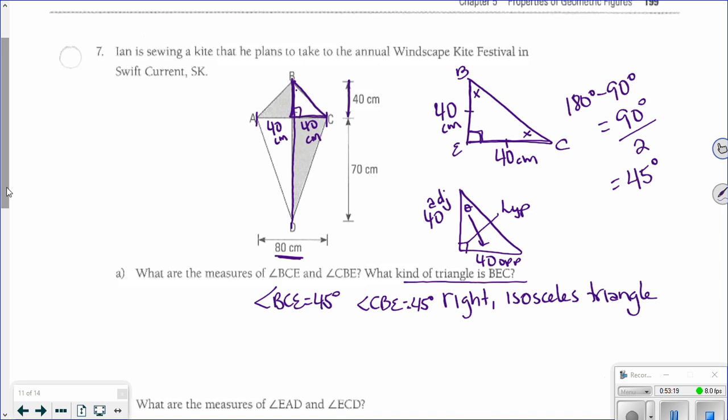You can use your tan formula. And if you solve this, inverse tan of 40 divided by 40 is going to be 45 degrees. Okay, so it's going to give you the same answer either way. If you prefer the tan formula, use the tan formula.